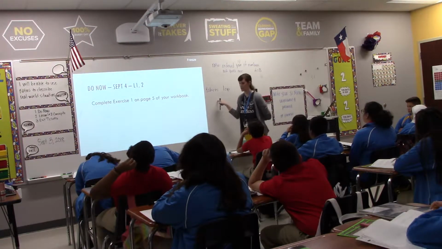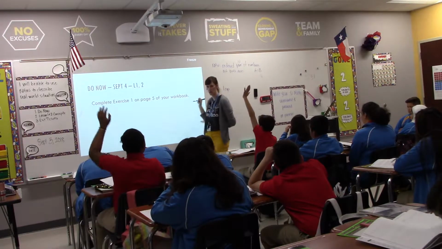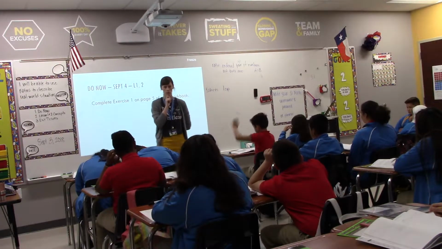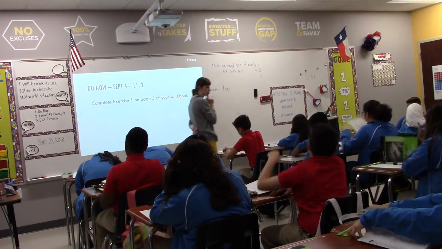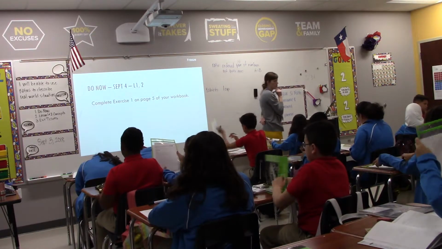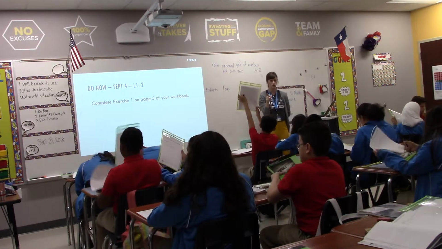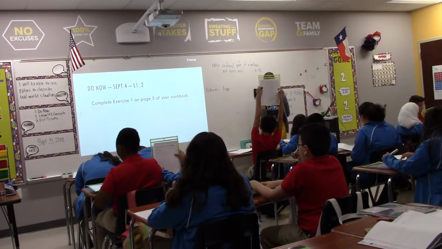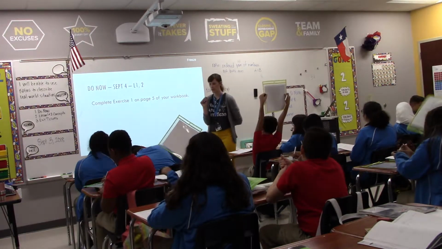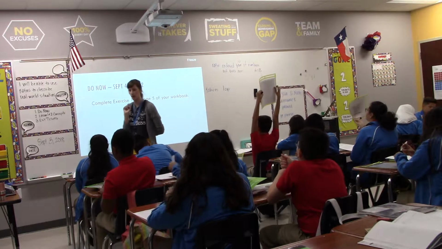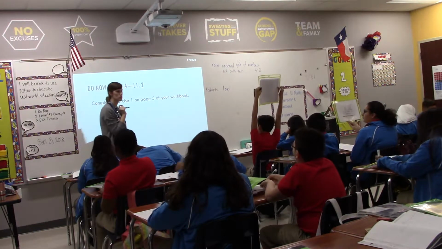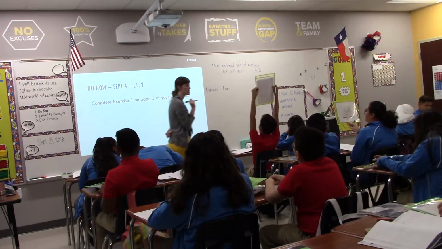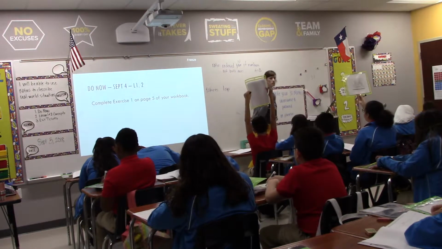So let's write that as a ratio. How do I write that as a ratio? Show me on your whiteboards. I'll give you 10 seconds. And remember that it does matter which order you write them in. Show me the ratio of shirts to baseball caps. Awesome. Boards up. See what you got.